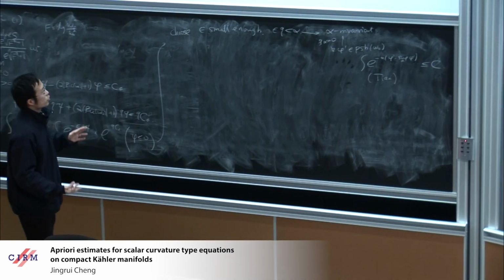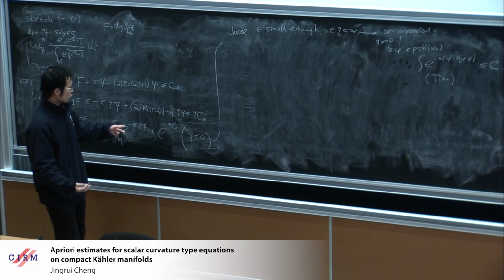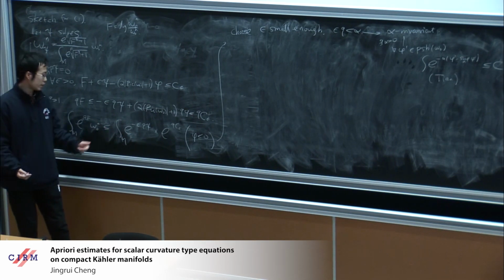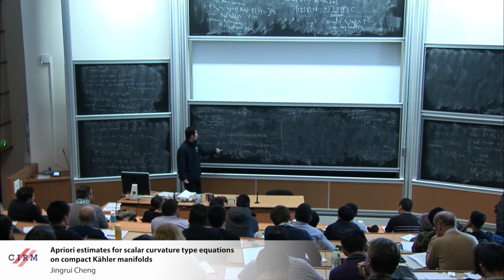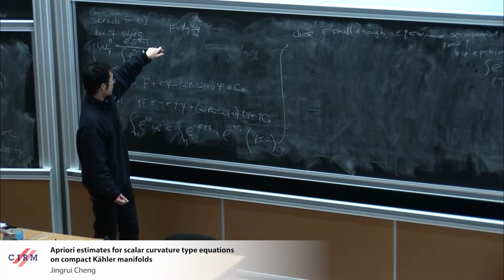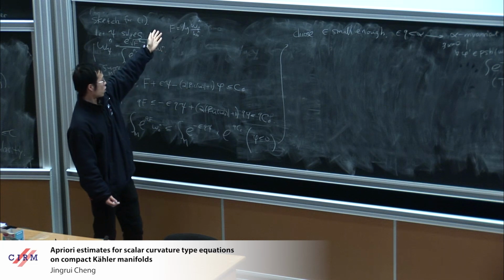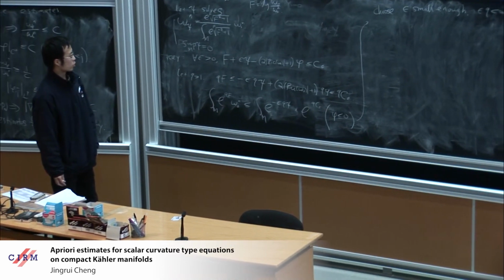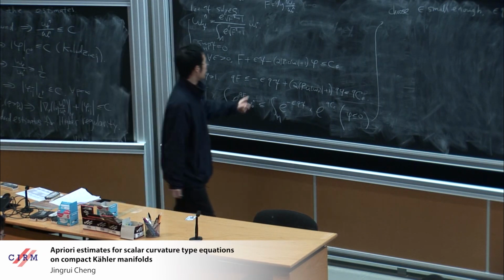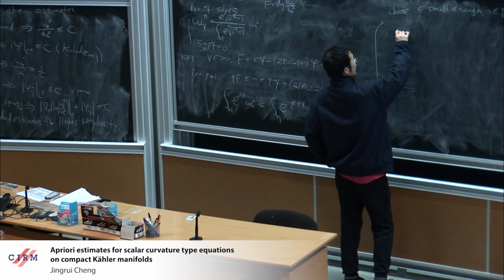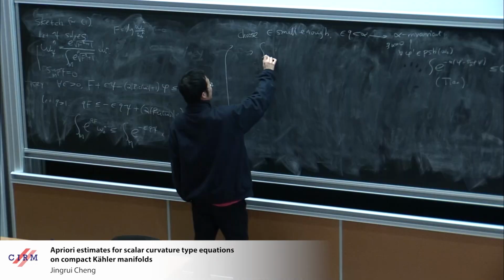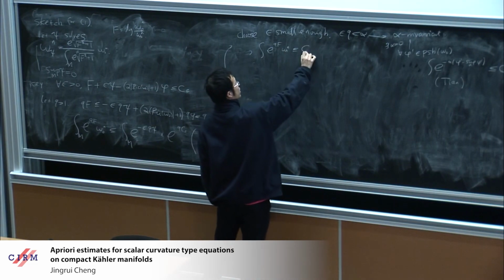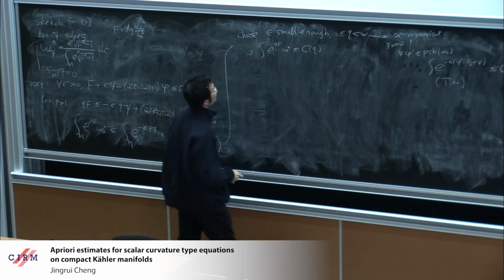So once you choose epsilon small enough so that epsilon q is less than the alpha invariant, you get an integral bound on the right hand side, and so you get an LQ bound for the exponential of the log volume ratio, and then you can use the Calabi estimate. So you get integral e to the qf is less than or equal to c of q, depending on q.